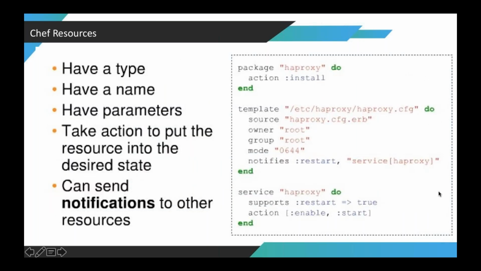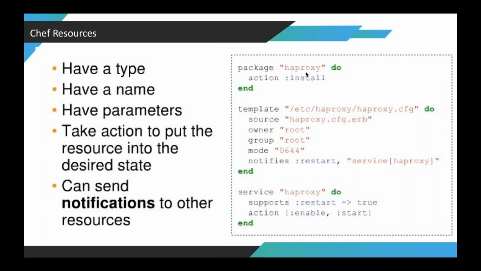So here is a recipe for configuring the load balancer that will be used by the Apache web server. First of all, we start by configuring HAProxy. So we have a package haproxy, and the action by default is install.